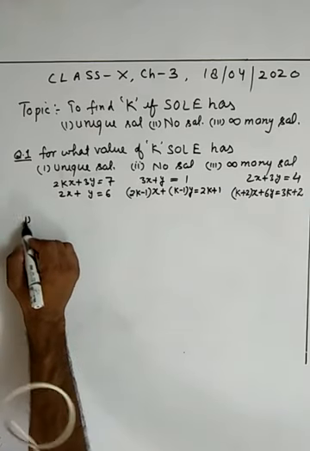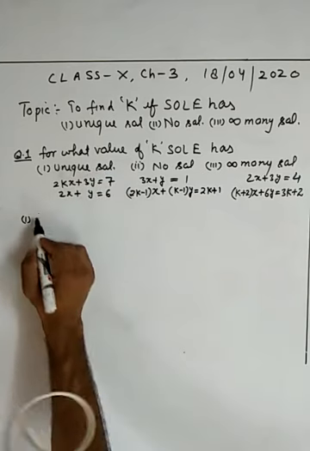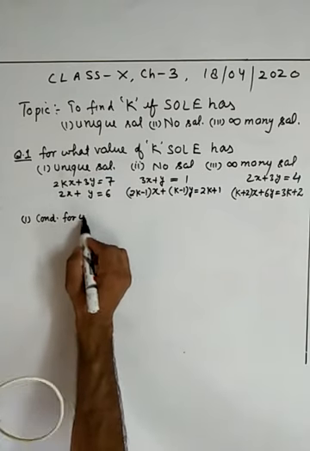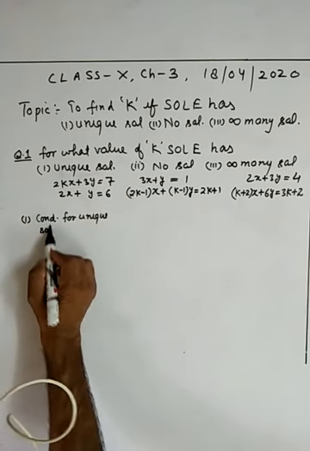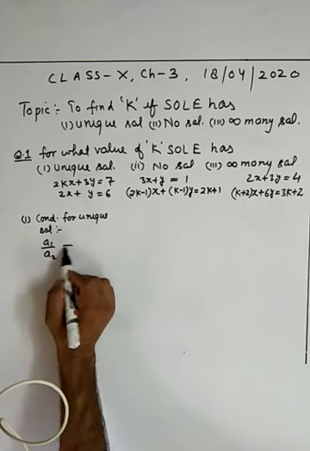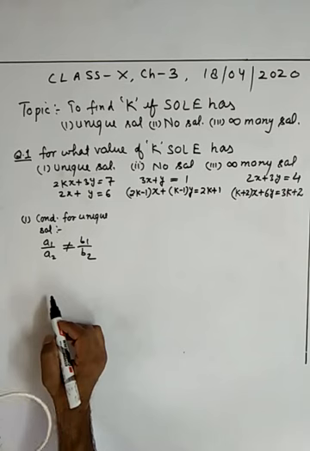Taking the first part, as the system of equations has a unique solution, what is the condition for a unique solution? It is a1 upon a2 not equal to b1 upon b2. Put the values.